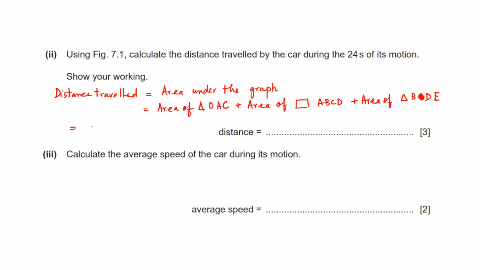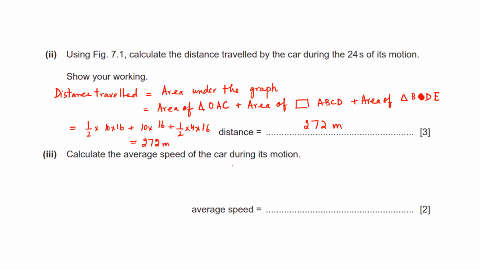First of all, area of triangle is 1 by 2, base is 10, height is 16, plus area of rectangle 10 multiplied by 16, plus again triangle 1 by 2, base is 4, height is 16. If I calculate all of this together, it comes out to be 272 meters. Distance is 272 meters.